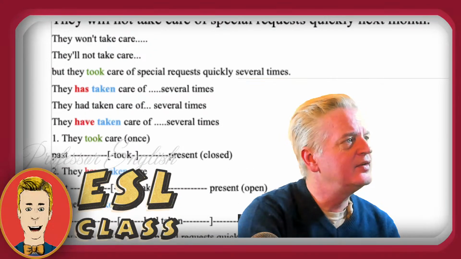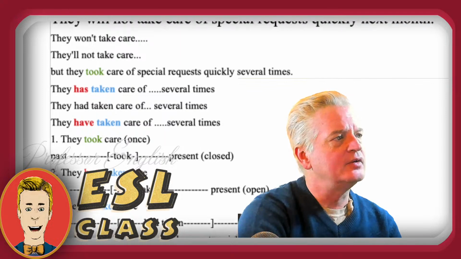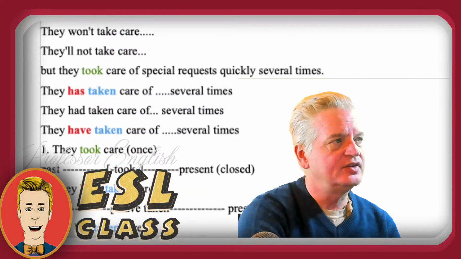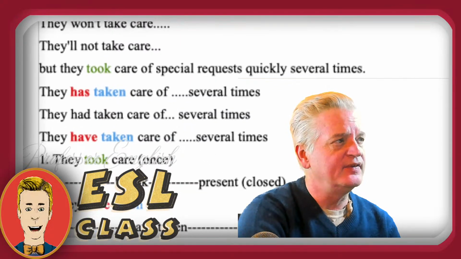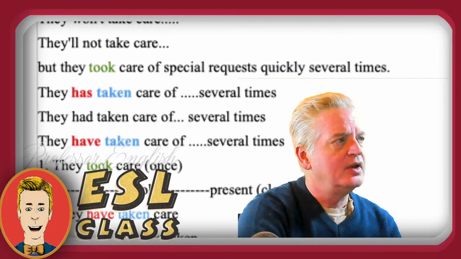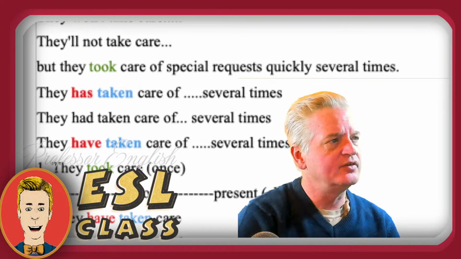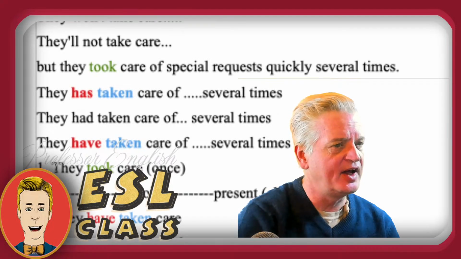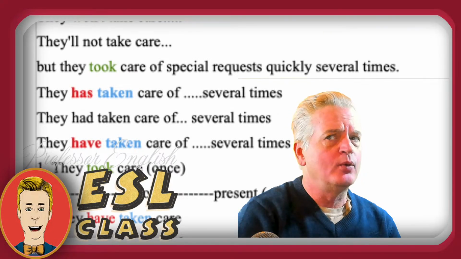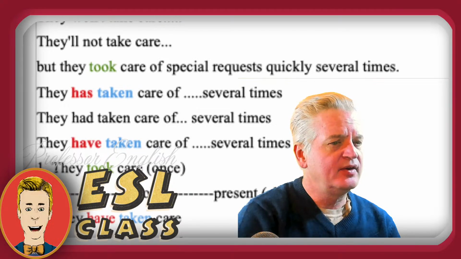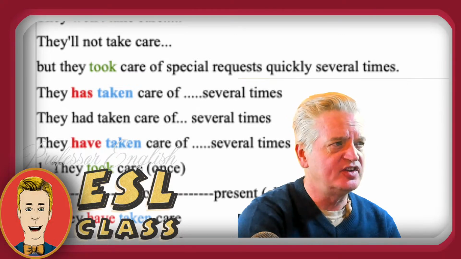In the original, everybody does this, which is the point of the exercise. His answer was, but they took care of special requests quickly several times. It's not wrong, but that's probably not the way that you would say it.